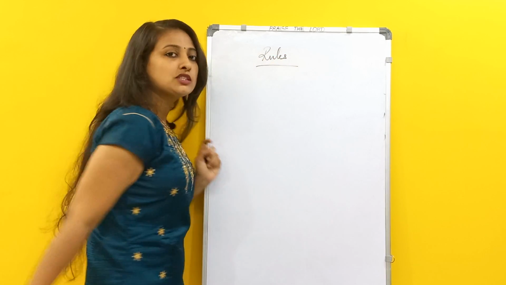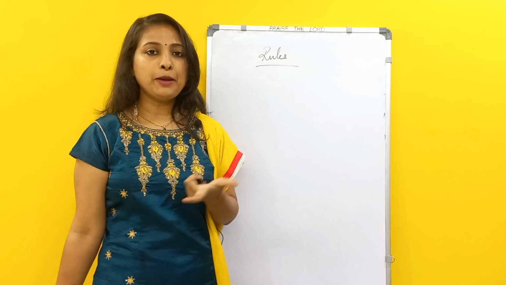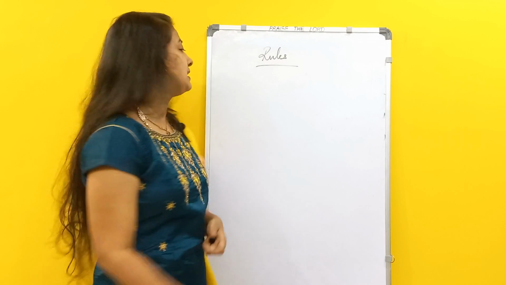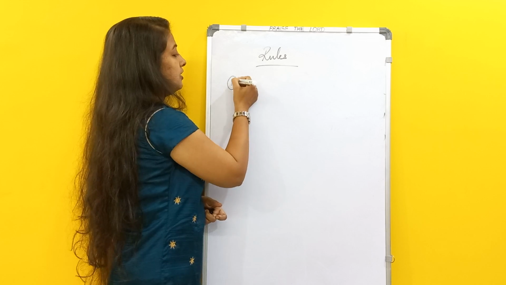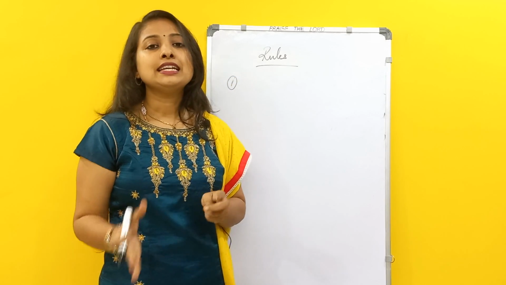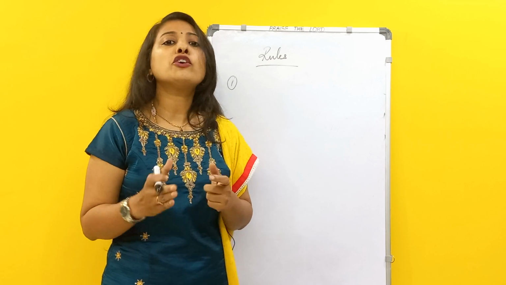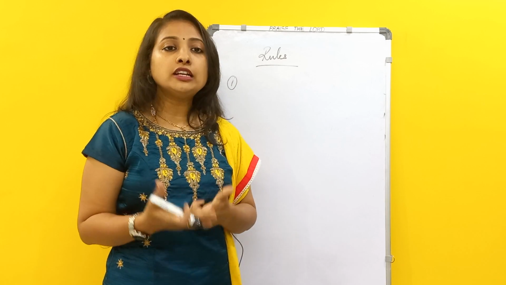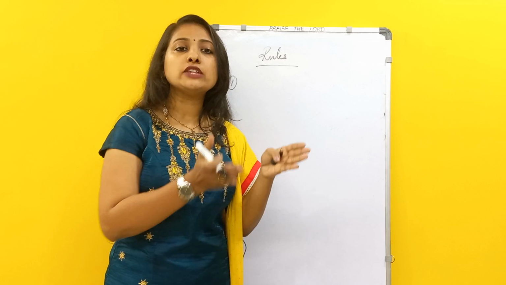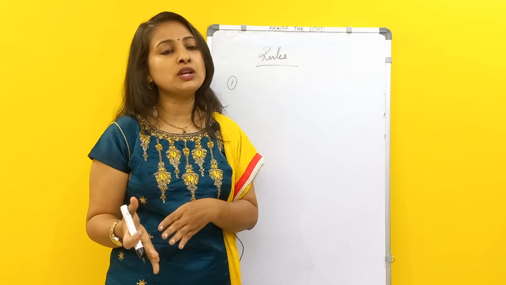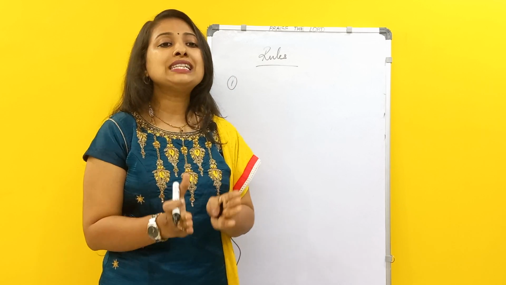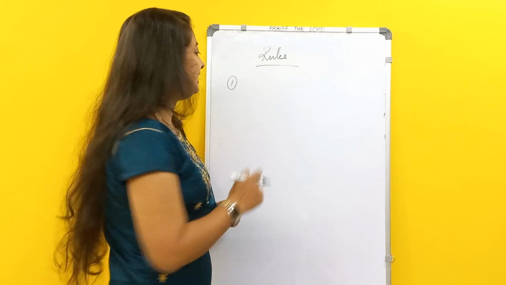You can call them rules or points to be remembered. So the first rule is, in general, for regular nouns, if you want to transform a singular noun to a plural noun, you will simply add s at the end.